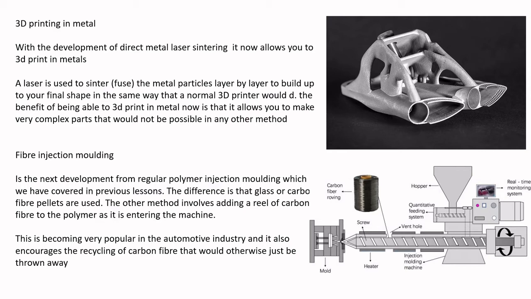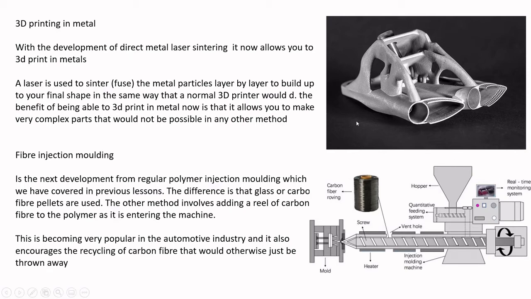With normal 3D printers, obviously they heat the polymer up and it cools as it's going up, so you don't necessarily need to fuse it because plastic's melting point is so low compared to metals. But as the laser is fusing it together, it allows you to make a nice strong metal 3D shape. It also lets you do things that are massively complex that you wouldn't really be able to make in any other way.